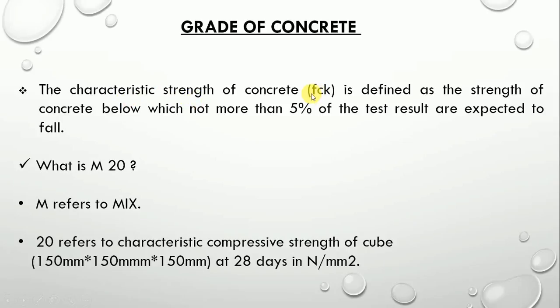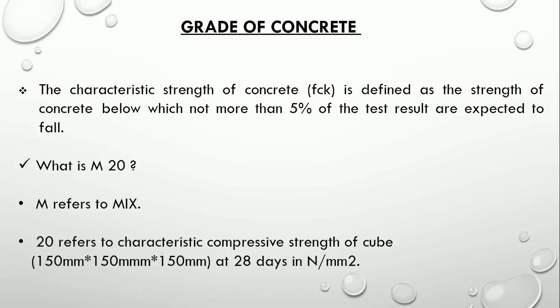So friends, fck is the strength of concrete below which not more than 5% of the test results are expected to fall. Means the maximum fall in the strength of the concrete is about 5%, not more than 5%, and that strength is defined as the characteristic strength of concrete.